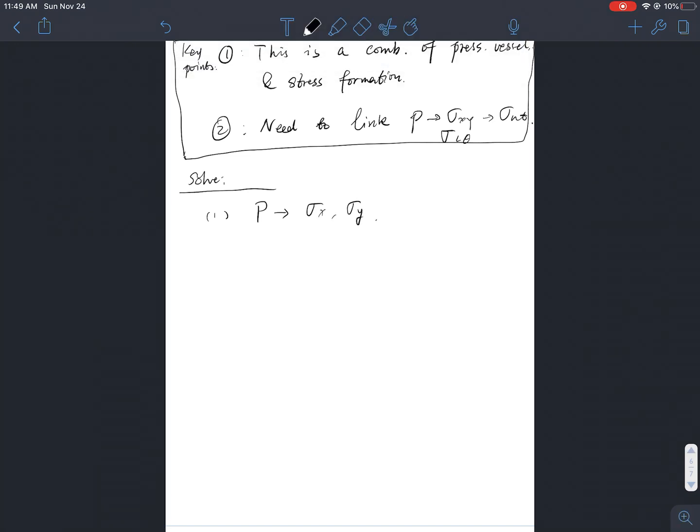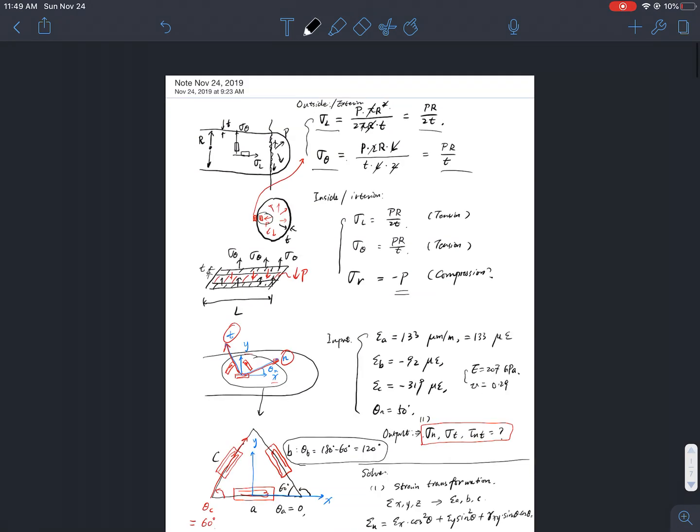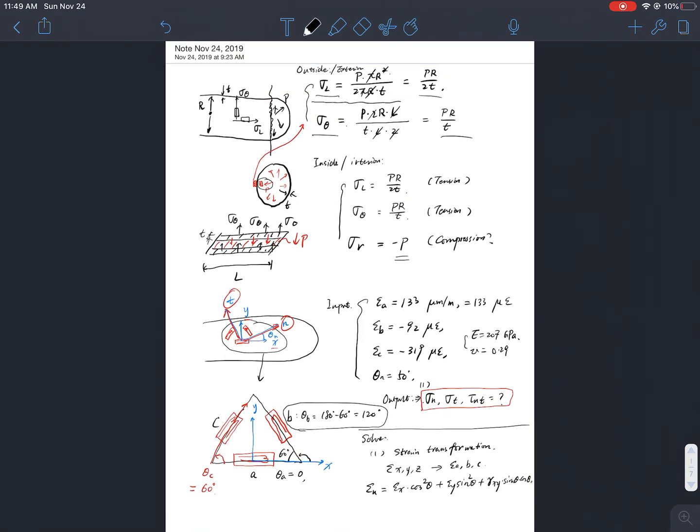From existing equations, we know that sigma X, or sigma L, the longitudinal stress, equals PR over 2T. If you don't remember this, go all the way back here: L, PR over 2T.